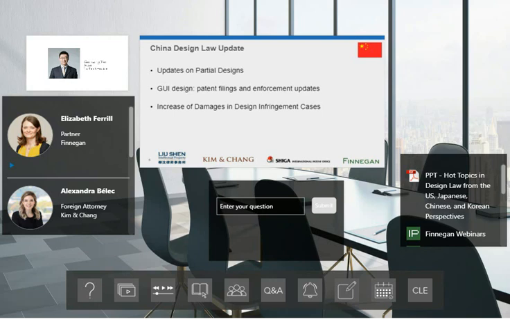Because partial designs are new in China, I will give some introduction on the partial design and the current practice in China. And the second part is the GUI design. There's a new judgment issued by an IP specialized court in China, so we can see something from that judgment. And also I will introduce some trends in design patent litigation in China.